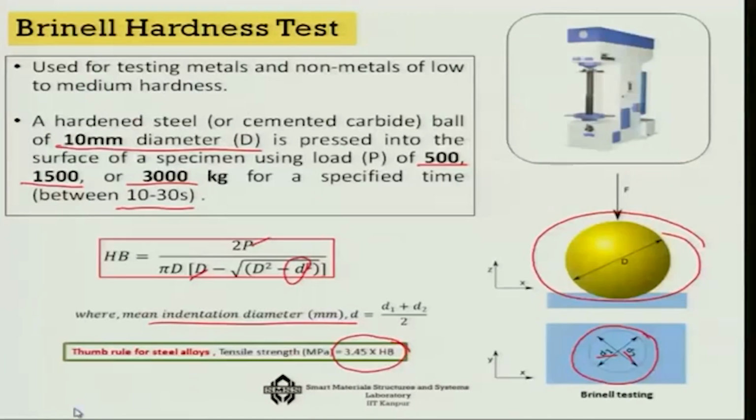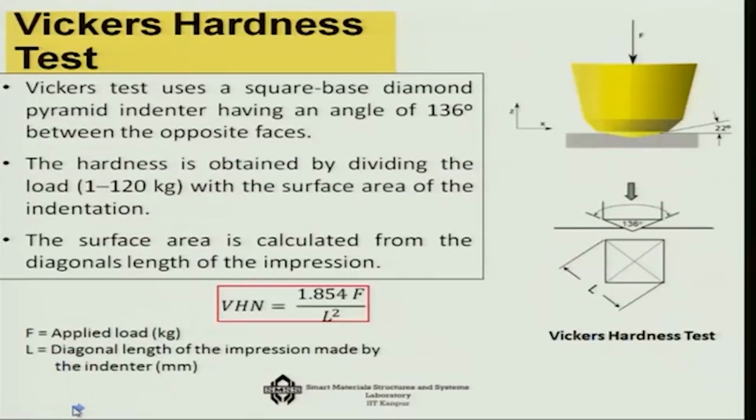Now, we come to the Vickers hardness test. What is the difference here? Unlike the Brinell hardness test, the shape is different, as you can see. It is a square base diamond pyramid indenter, generally having an angle of 136 degrees between the opposite faces.